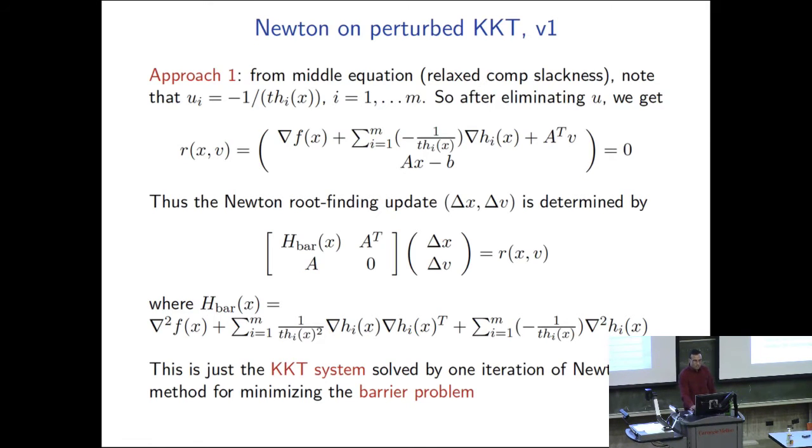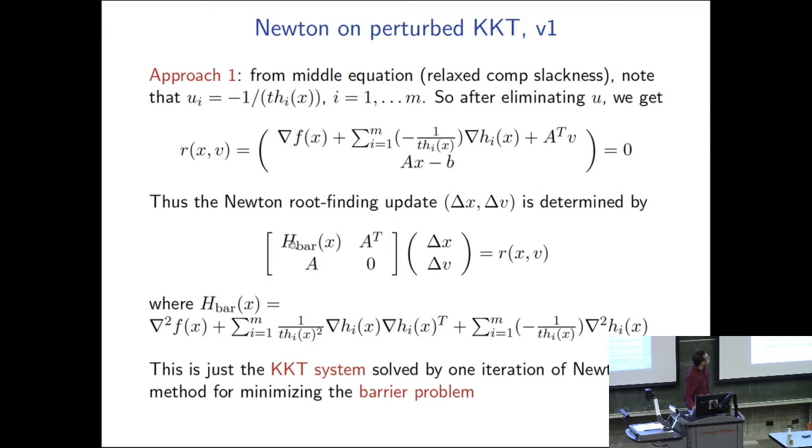And now it turns out that a Newton update on this problem is the same as a Newton update you do for the barrier problem. Okay, and you just have to remember somehow what the Hessian looked like for this barrier problem here. So, okay, let's take the Jacobian of this function. This is a particular function we're going to call r of x and v. Let's take the Jacobian, and we're going to write it in block form.